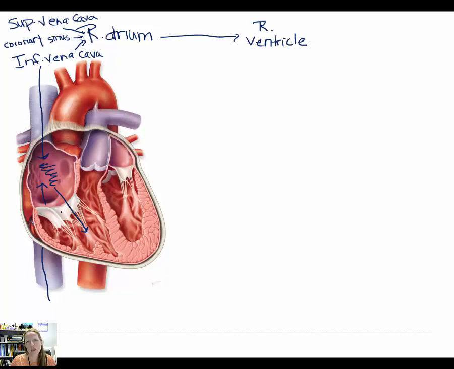This one just happens to be open, and that means that blood is able to flow through it. We are on the right side of the heart, and it is a valve between the atrium and the ventricle. Remember, that is our right AV valve, but I want you to use other terms that are referred to these different valves. And this one is the tricuspid valve.